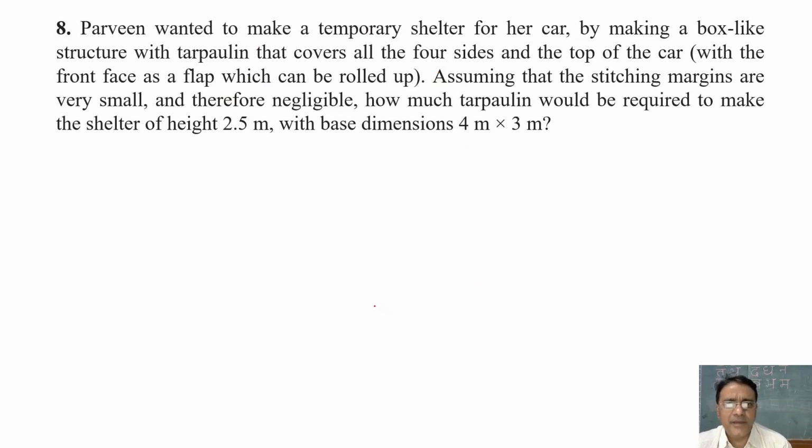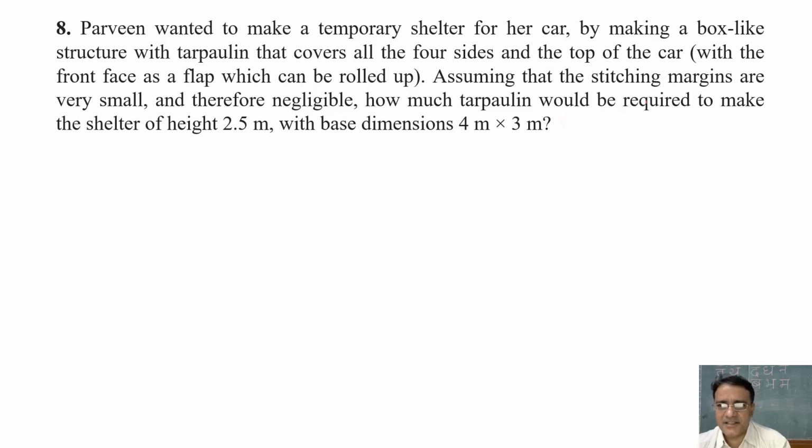Parvin wanted to make a temporary shelter for her car by making a box-like structure with tarpaulin that covers all the 4 sides and the top of the car, with the front face as a flap, which can be rolled up.